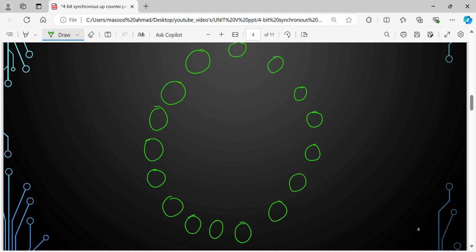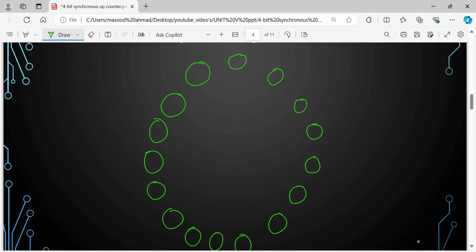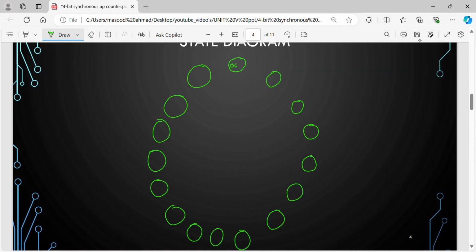So what is the present state? It is 4 zeros. What is the next state? 0 0 0 1. Then 0 0 1 0, then 0 0 1 1, then 0 1 0 0, then 0 1 0 1. Likewise, this is 5.